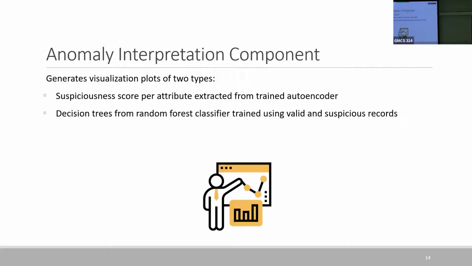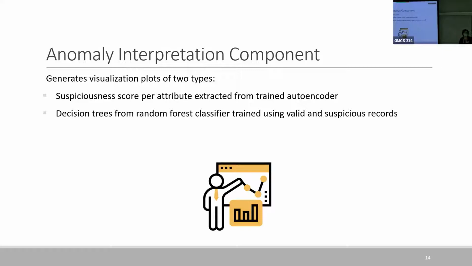Another diagram that we generated is decision trees that are extracted from a random forest classifier trained using valid and suspicious records. So when we use the autoencoder model and that threshold value, we were able to label the data into suspicious and non-suspicious.